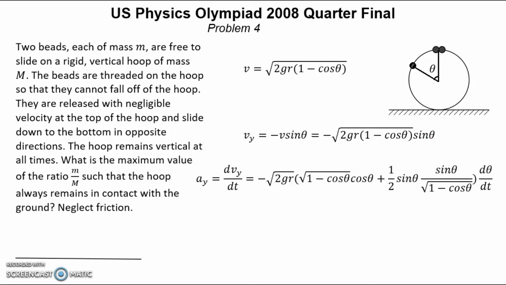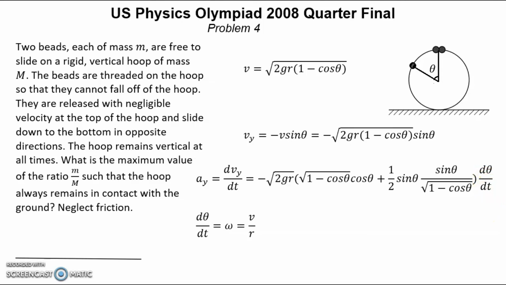We have this expression. We can count this derivative, and we see that delta theta over delta t is omega, the angular velocity of this motion, and we know that angular velocity is just equal to v over r, and we can use this formula for v and substitute it here.